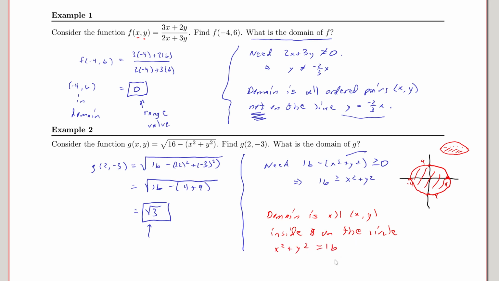So that's a circle of radius 4. Since it's less than or equal to for the x squared, y squared, that's also including all the points inside. So we're taking every point inside here and projecting up to get this surface, which will be the upper half of a sphere.